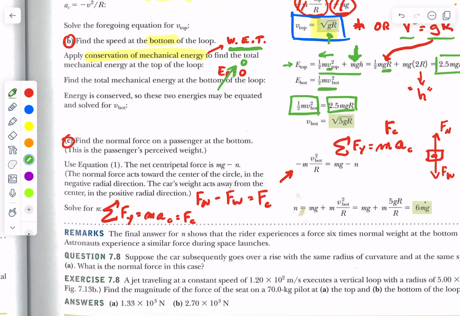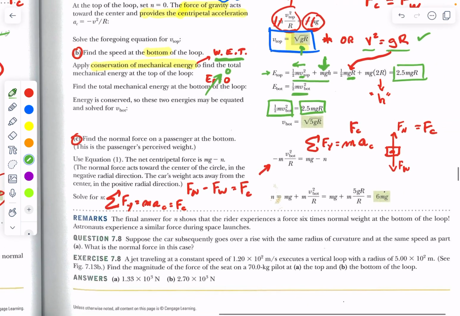Then in part C, find the normal force on the passenger at the bottom. The passenger at the bottom is going to feel like there's some weight, even a different weight than what the passenger is used to, like when you go up an elevator or when you go on a roller coaster ride, like in some of the pictures that you've seen.